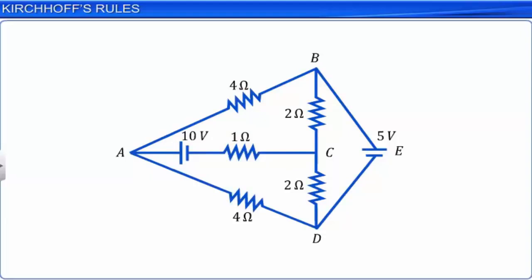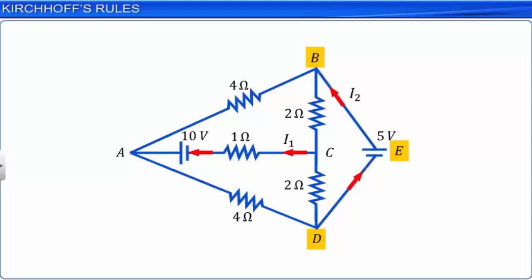Let us start with the branch AC for labeling the current and its direction. Current I1 leaves the positive terminal of a 10-volt battery. Therefore, the direction of current I1 is from C to A. Next, let us take the branch BED. Let us assume that the current I2 leaves the 5-volt battery from its positive terminal.